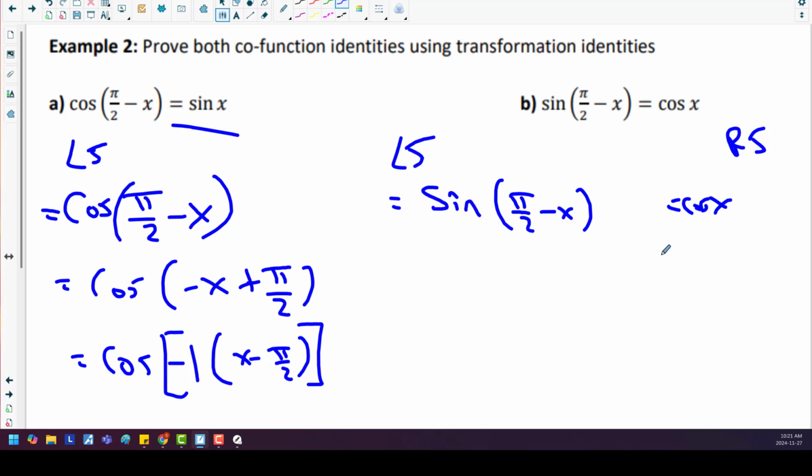I'm going to work on the right-hand side this time. We know that cos x is the same thing as cos of negative x, since it's an even function. We know that's exactly the same. Now, what else do we know from this?